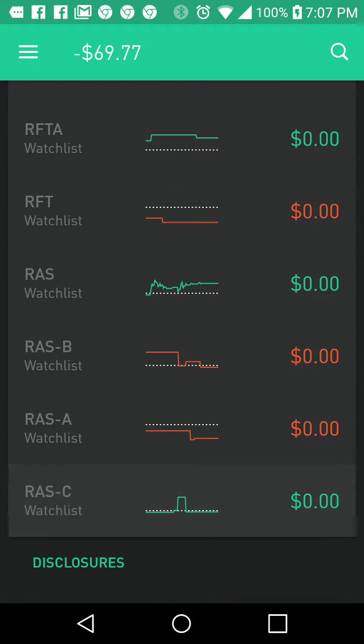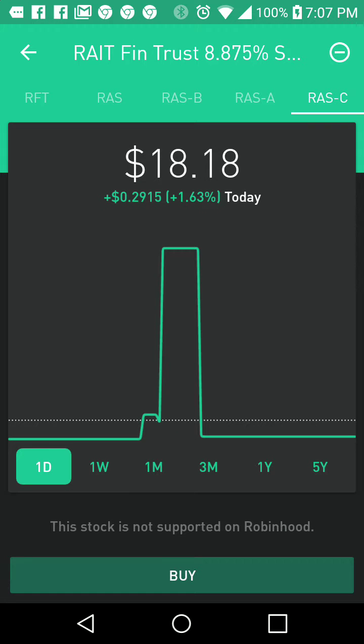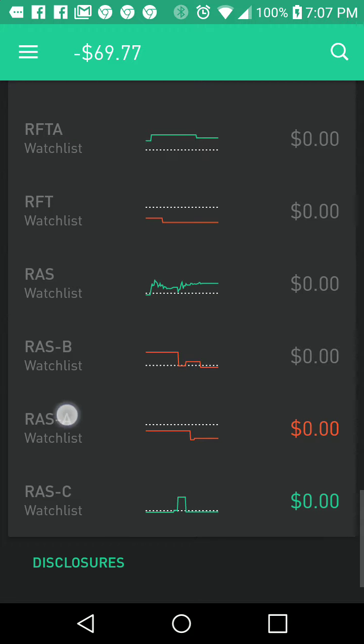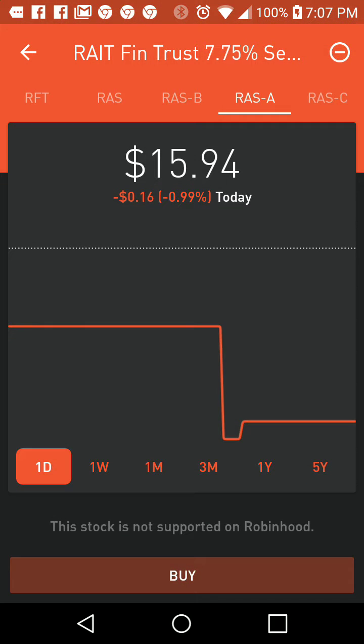Okay, now, here is the RAIT Financial Trust. Now, this one is $18.80 a share. Okay, $18.80. And the next one with it is in the same family of financial trust. It's the same group of them. It's a family of them.